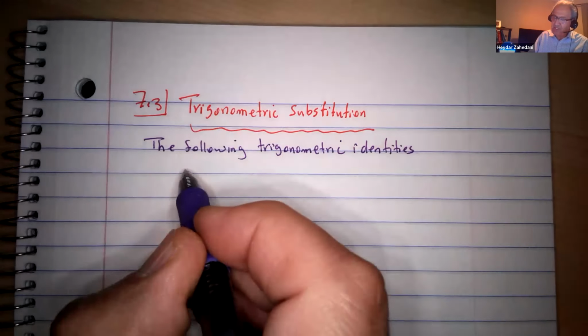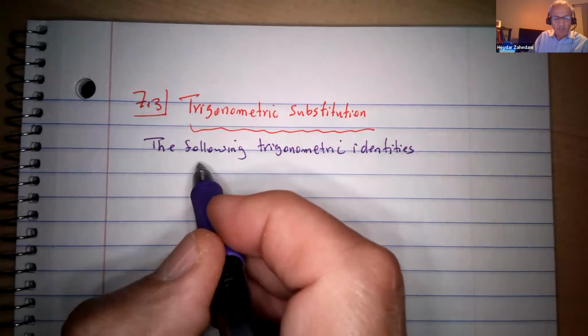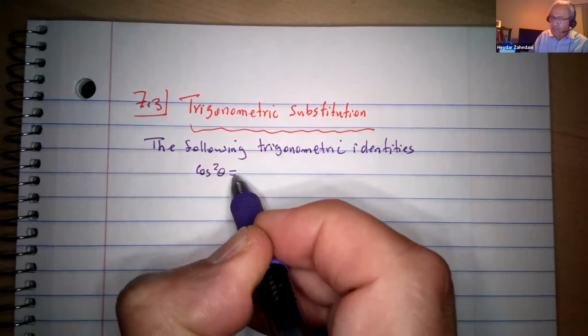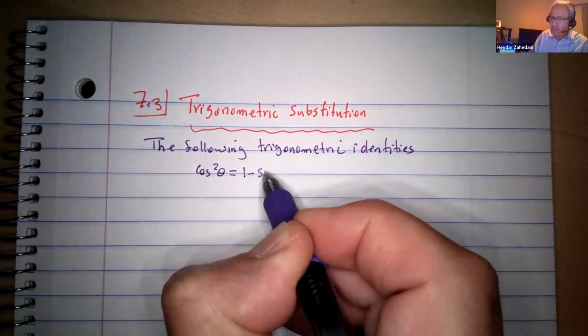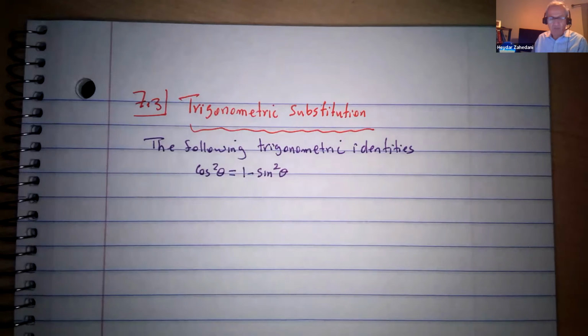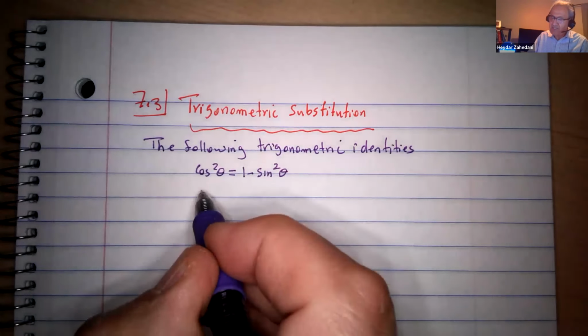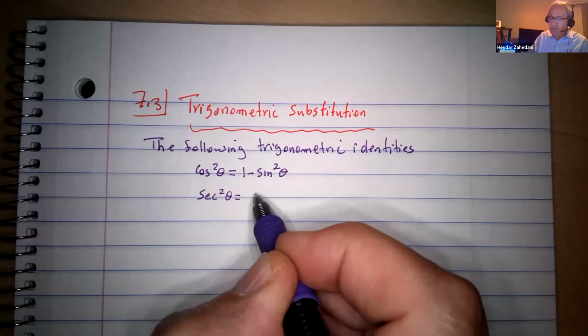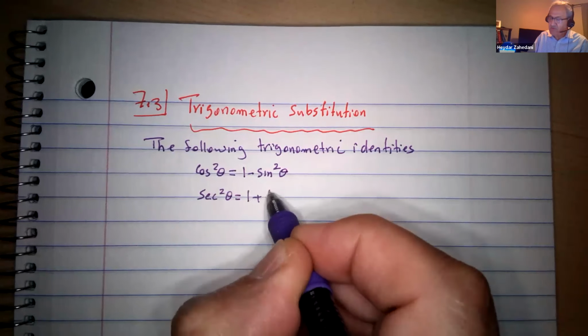One of them is cosine squared of theta equals 1 minus sine squared of theta. The second one is secant squared of theta equals 1 plus tan squared of theta.